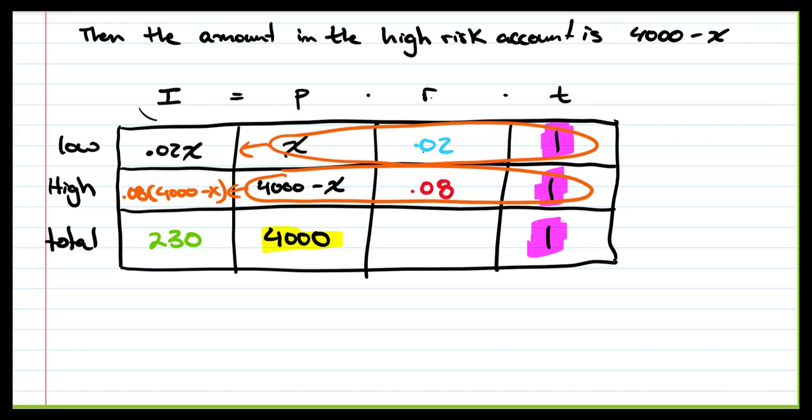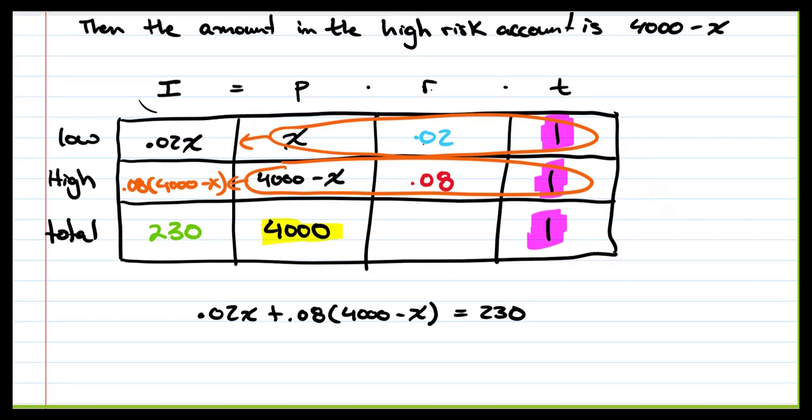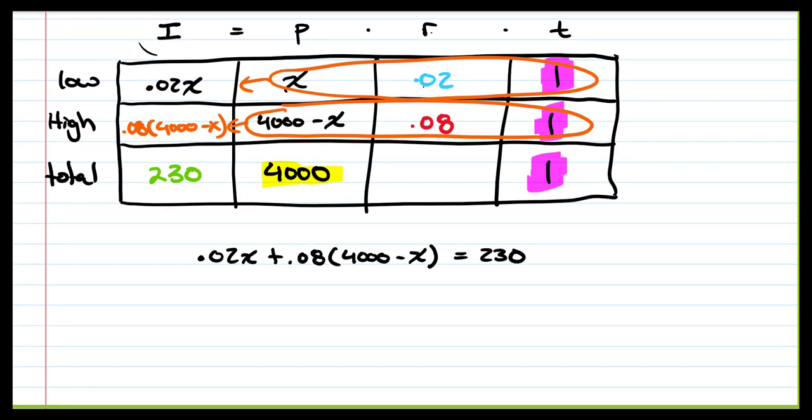So our final equation is 0.02x plus 0.08 times (4,000 minus x) is equal to $230. That gives us the linear equation we need to solve for x.